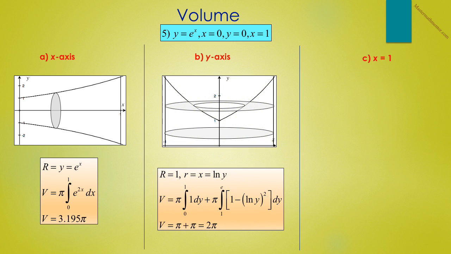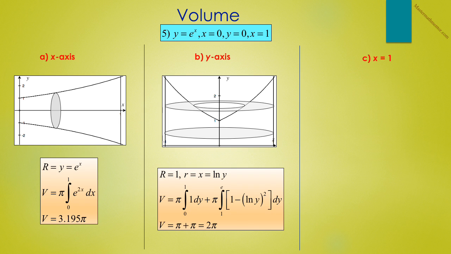In B, we are rotating our region about the y-axis. And this is where things get a little bit more complicated. We draw the picture and we realize that there are 2 things going on here. First, we seem to have disks in play from y equals 0 to y equals 1.